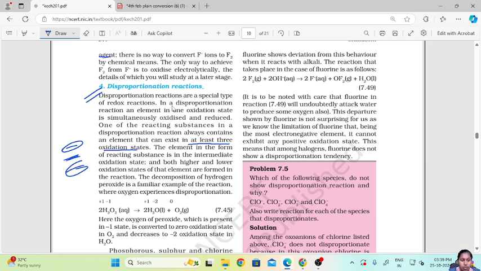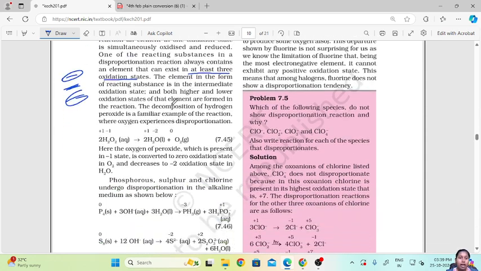Now the decomposition of hydrogen peroxide is a familiar example of a reaction where oxygen experiences disproportionation. How? In H2O2, hydrogen is +1 and oxygen is -1 oxidation state. We will focus on oxygen because oxygen is the one which experiences the disproportionation. So oxygen initially in hydrogen peroxide is present in -1 charge.